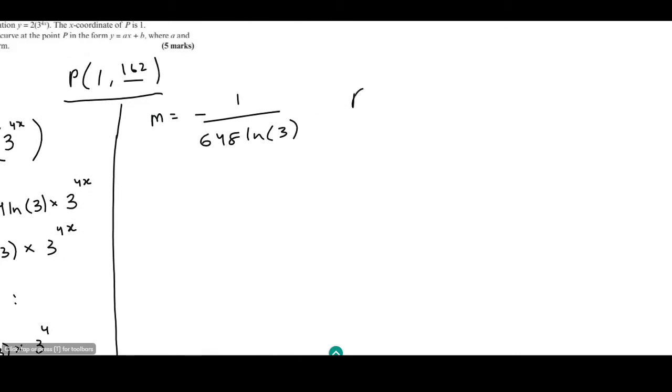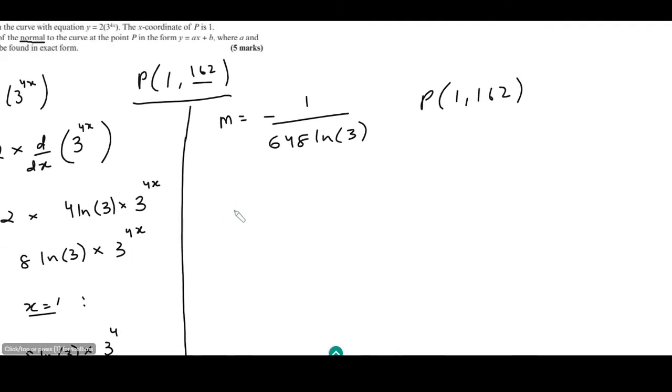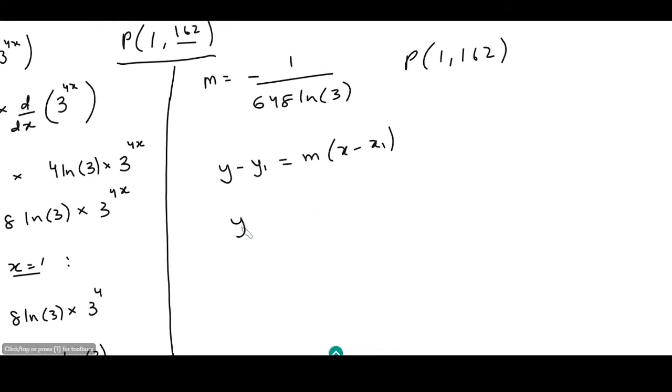And we're already given a point, 1, 162. Now we have the two things we need to find the equation of a line. So y minus y1 equals m times (x minus x1). So y minus 162 equals minus 1 over 648 ln 3 times (x minus 1).